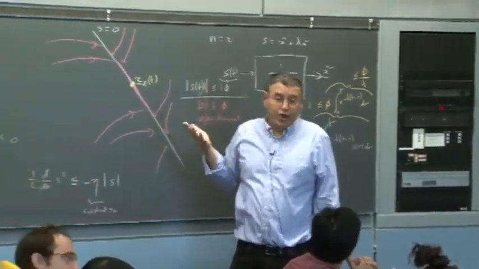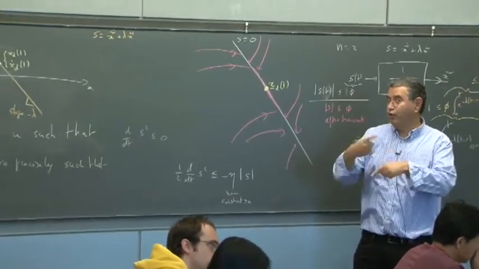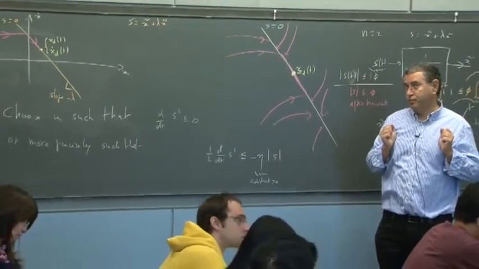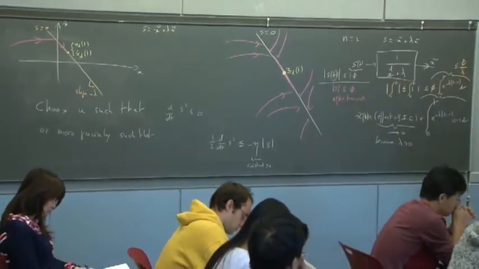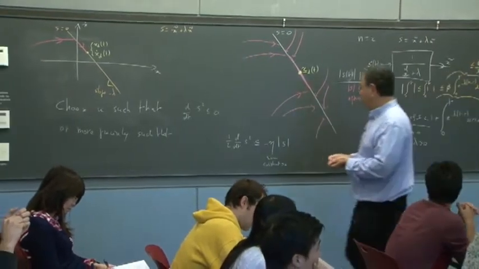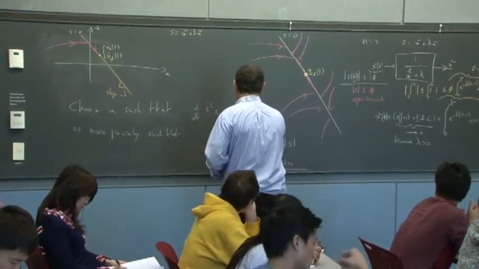So once on the surface, S equals 0, you know exactly what happens. Namely, you follow this differential equation, S equals 0. This is called the sliding condition.